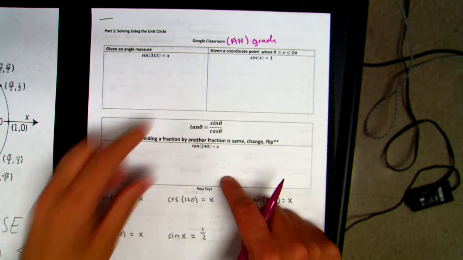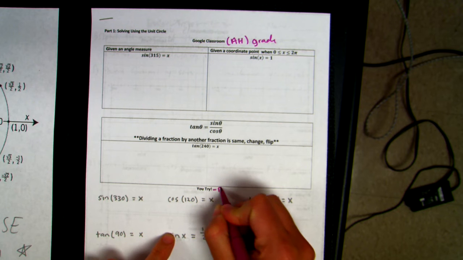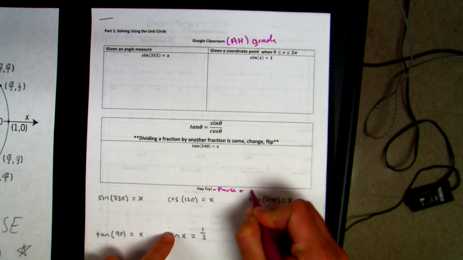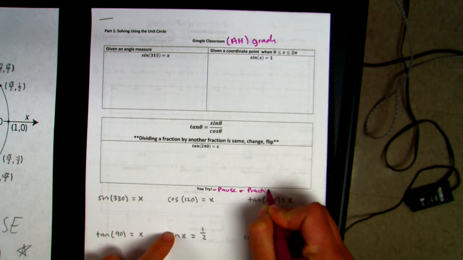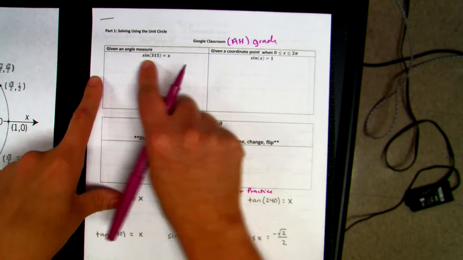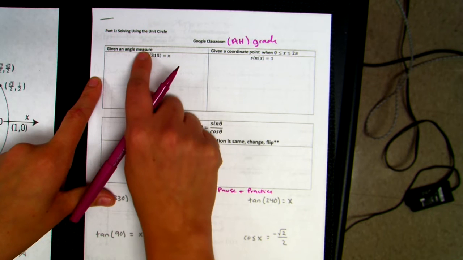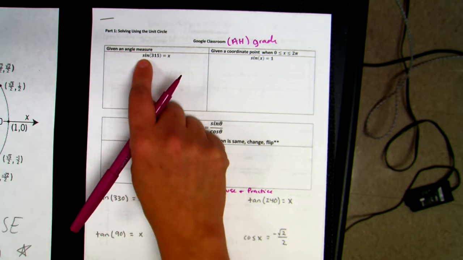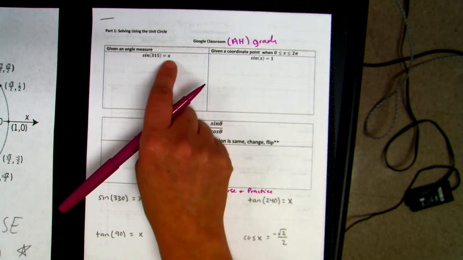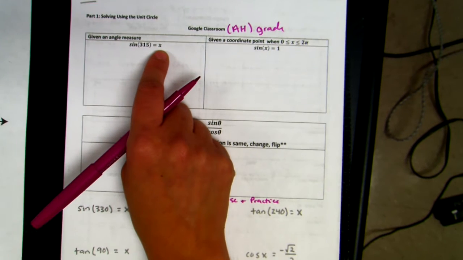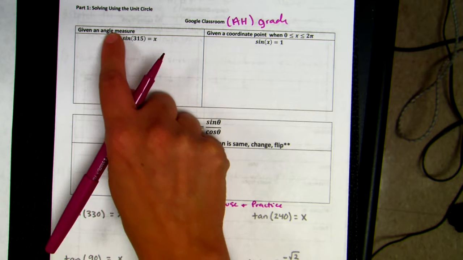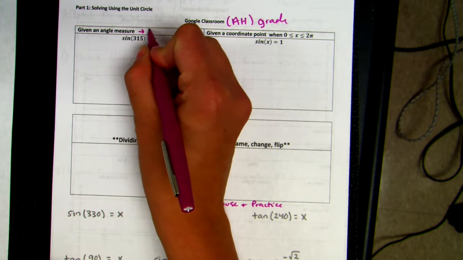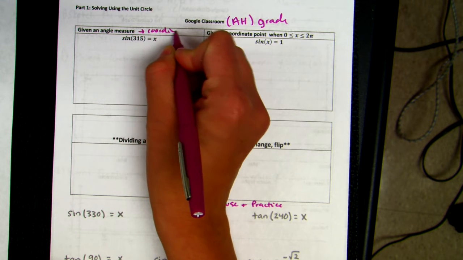I'm going to do these 3 problems. This is the you try or the pause and practice section. Looking at this one first, it says given an angle measure, we need to find sine of 315 is equal to x. Given an angle measure, what we need to find is the coordinate point.